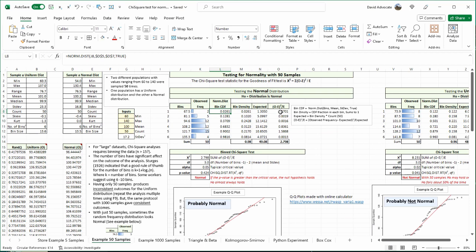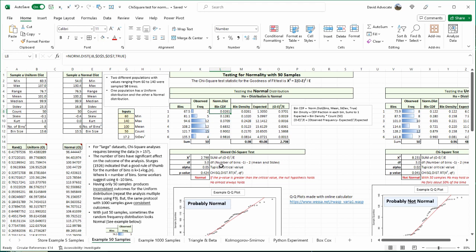And then we calculate the chi-squared value using the chi-squared formula. And we sum it. And this is your chi-squared statistic. So we've just passed it down here to this little table here. The degrees of freedom for this is the number of bins minus 1 minus another 2 for the mean and the standard deviation.